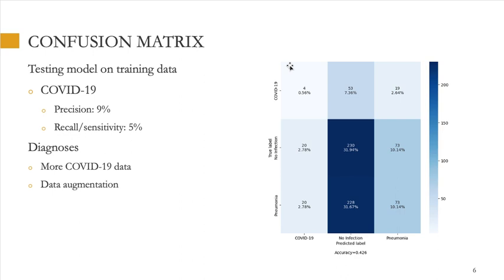And to diagnose this problem, I plan on searching for more COVID-19 chest X-ray images, as well as performing data augmentation to improve the model's performance and in particular to improve the model's performance on COVID-19 X-ray images.